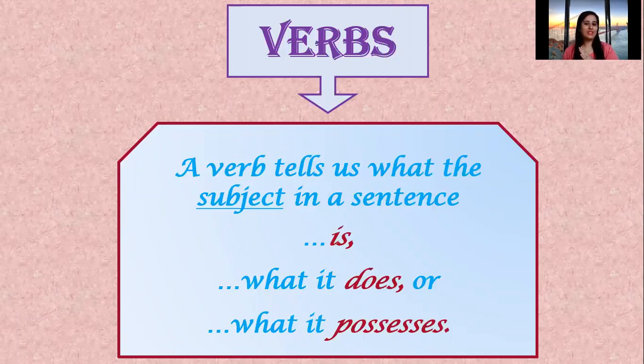And predicate is what we are telling about the subject. Okay? So a verb tells us what the subject in a sentence is, or what it does, or what it possesses. I'll explain this in detail.